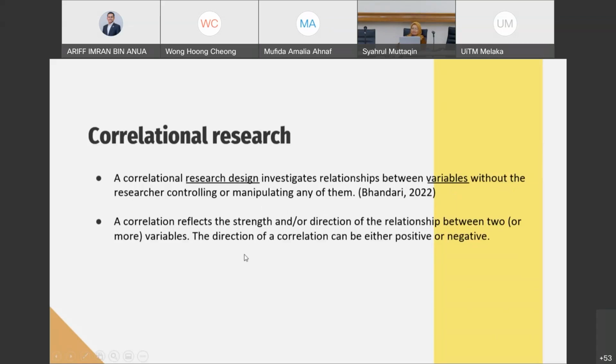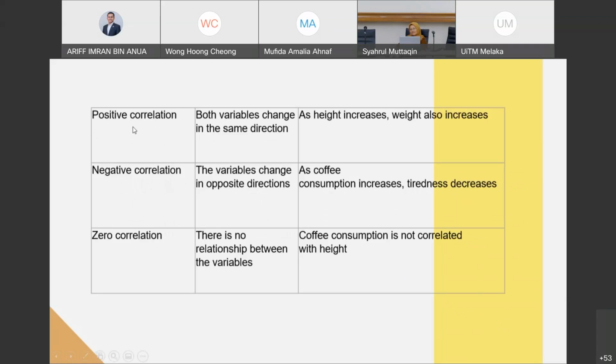So the direction of the correlation can be either positive or negative. So what does it mean then when the relation is positive? And what means when the relation is negative? So positive correlation would be both variables change in the same direction. Yeah.